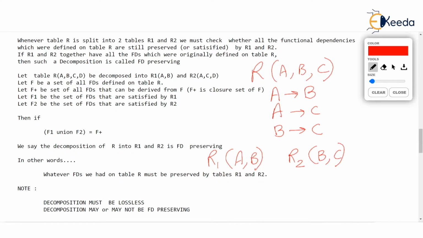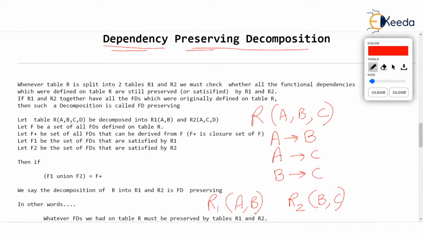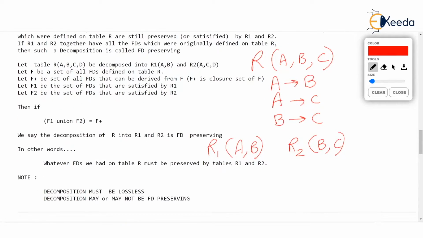This is decomposition. Now let's first of all see, is this decomposition lossless? Although I know we are learning the topic dependency preserving, let's go back to the earlier topic. First thing is, these two tables have a common attribute B, and this common attribute B should be a candidate key in at least one of the tables.